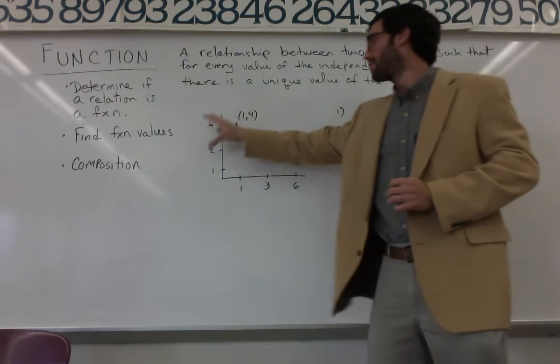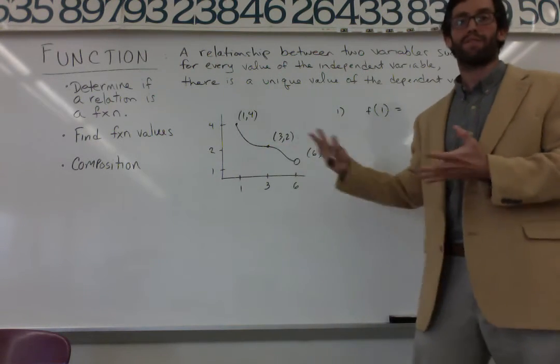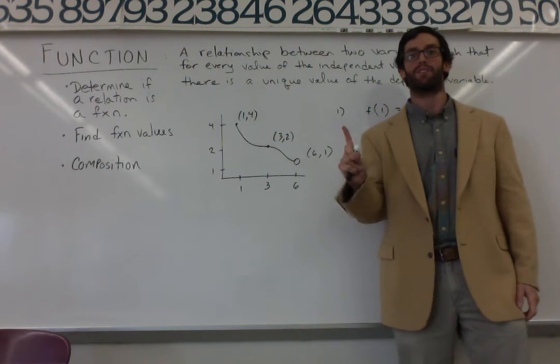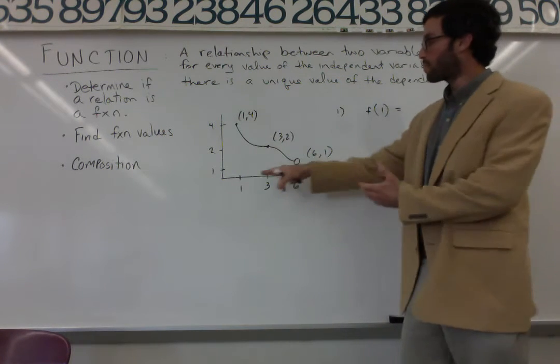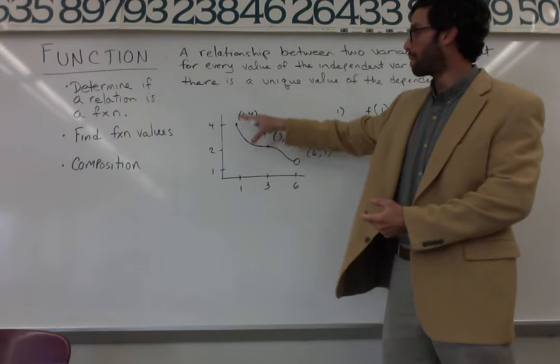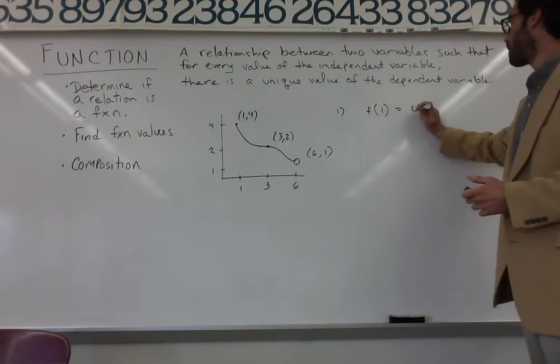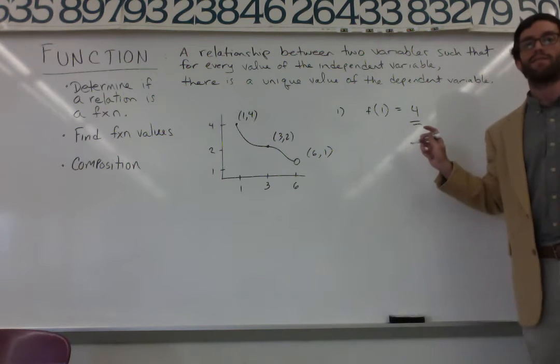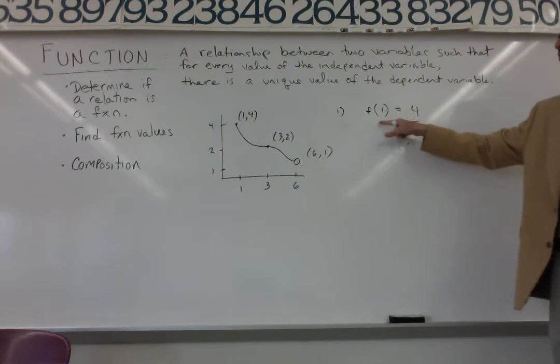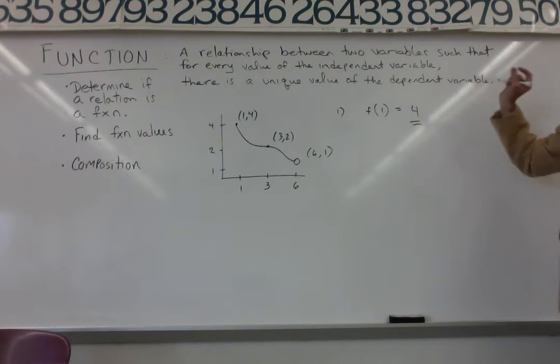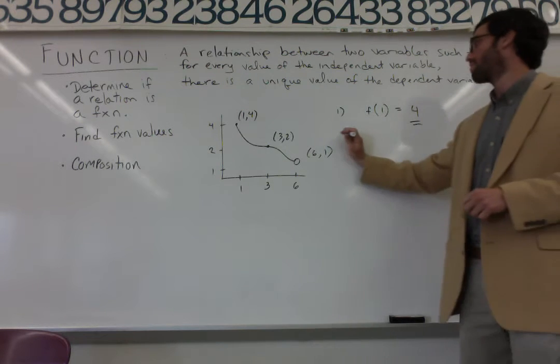So on this graph, look at where x is 1. And again, if it's a function, there's just going to be one possible answer, right? Where x is 1, okay, the y value, look up and down on the graph, there it is. The y value is 4. So the answer is 4. That's it. You're done. Find the value of f of 1. It is 4. Because the point 1, 4 is on the graph.